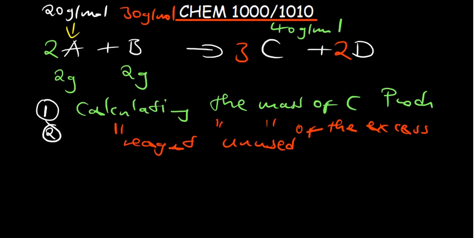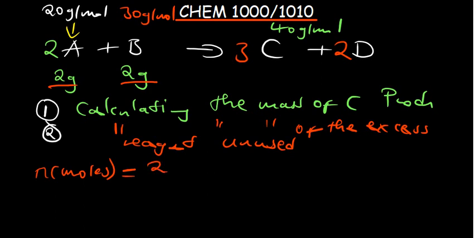Now in this case, we've been given the actual masses of the reactants, 2 grams each. The fact that they are 2 grams each doesn't mean that they are all going to finish up. No. So we need to determine the number of moles and then use our mole ratios to see which one is limiting in our reaction. Okay, so let's do this. I'll start with A. Our number of moles is going to be given as mass over what?